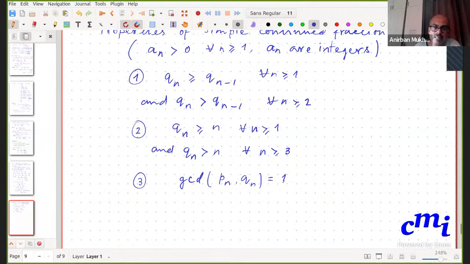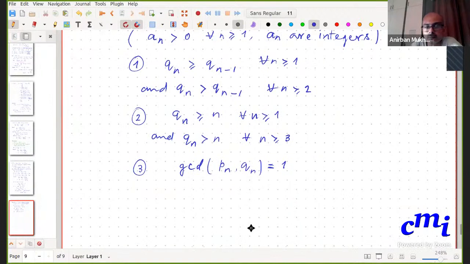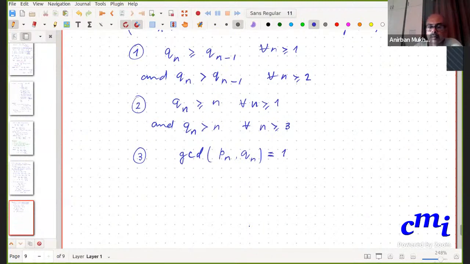So these fractions, the rational numbers Pn by Qn, are always in their lowest form.